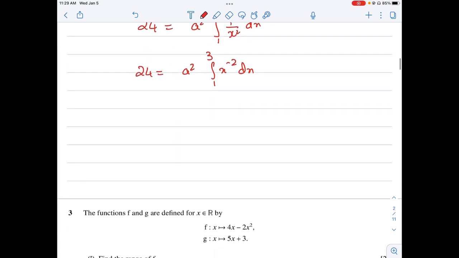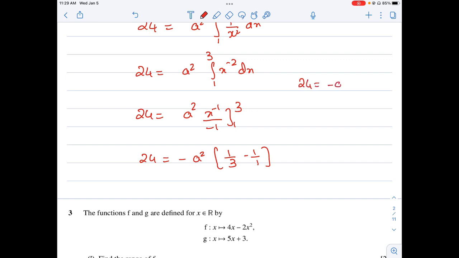The integral of x power minus 2 will be x power minus 1 upon minus 1, from 1 to 3. So minus a square, substitute the upper limit 1 upon 3, substitute the lower limit 1 upon 1. So that becomes 24 equals minus a square times minus 2 upon 3.